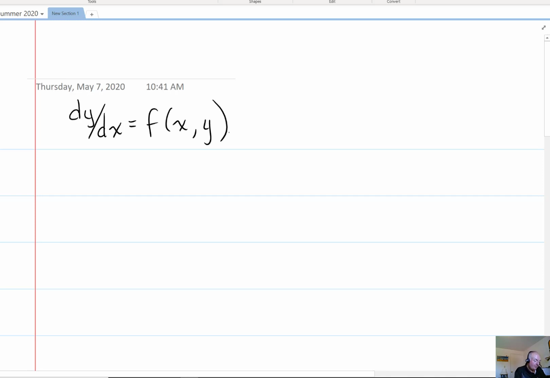We can't solve this just by integration because of the presence of both x and y terms on the right-hand side, and so we have to start thinking about other ways to solve these.